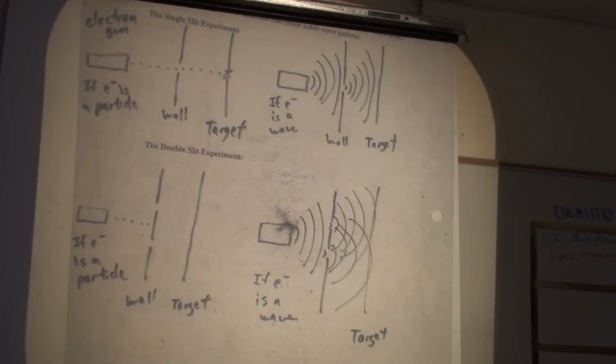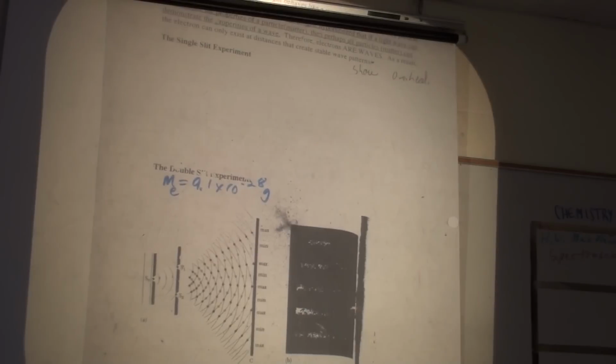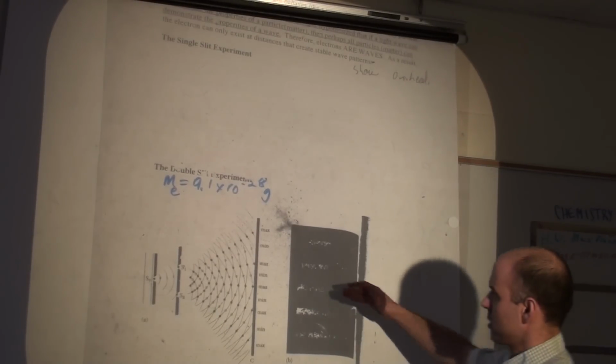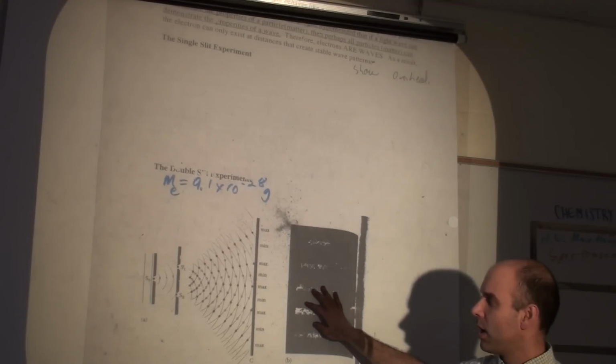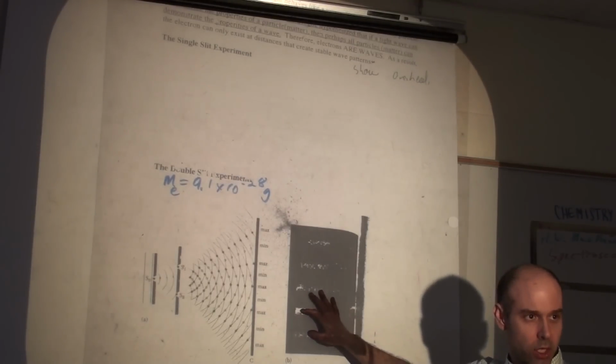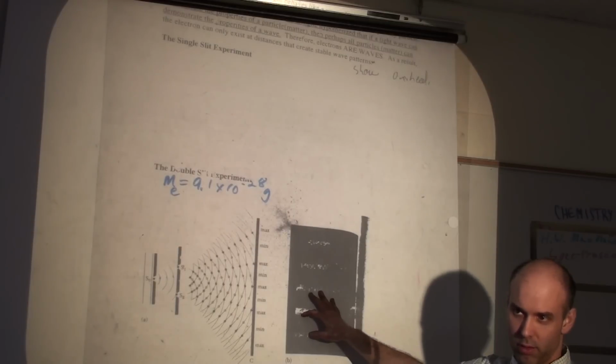So what does this turn out to be? This is what actually happens. You do end up with a wave interference with the greatest intensity in the middle. So this is another example that the electron behaves like a wave.